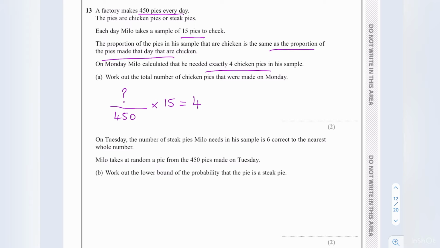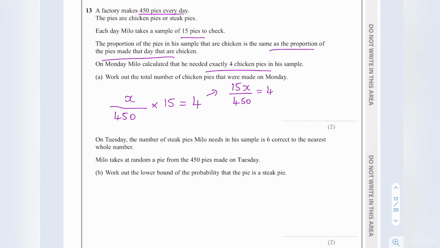So in order to do that, we're going to call that question mark x. So we're going to simplify this before we calculate it. We can actually cancel down on top and bottom of our fraction. So we can rewrite this as 15x divided by 450 is equal to 4.